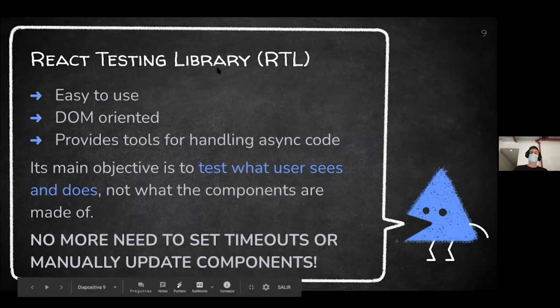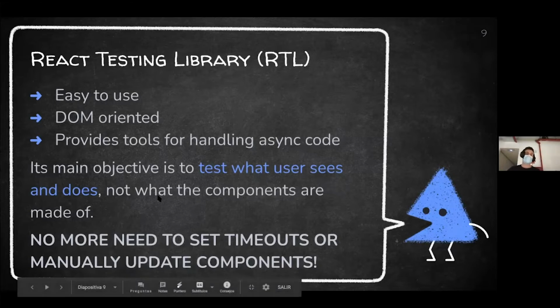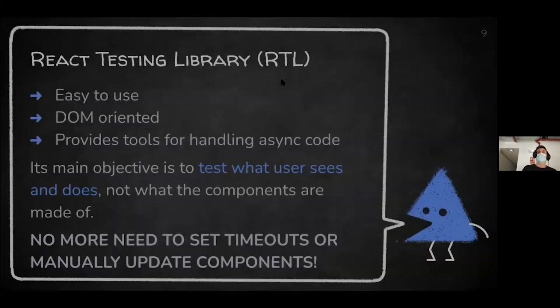Its main objective is to test what the user sees and does, not what the components are made of. This led to better testing practices. And I put this sentence here: no one needs to set timeouts or manually update components. Not because it's something that you can read in documentation, but because it's something that I encountered with myself and my colleagues, that React Testing Library solves.